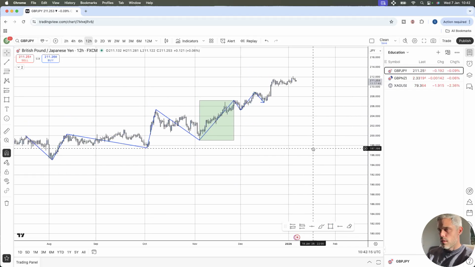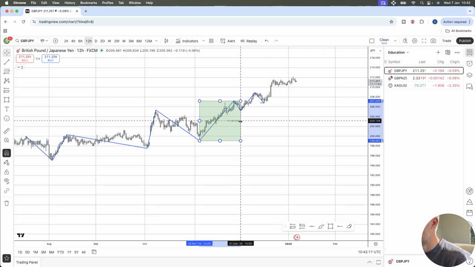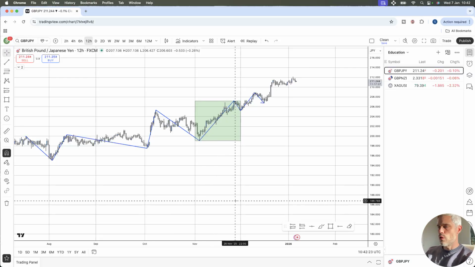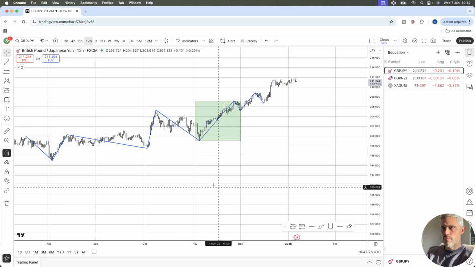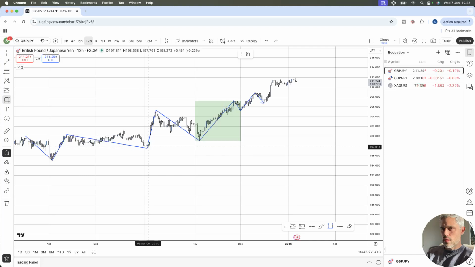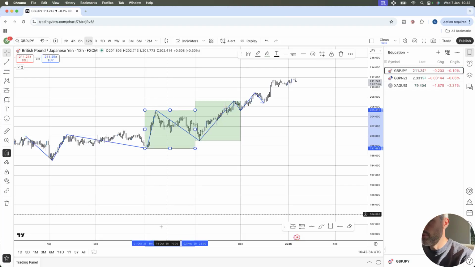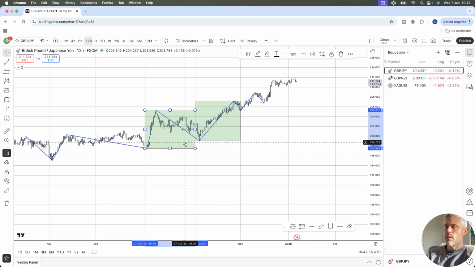Hopefully this is going to become obvious, but if I just do this, you can see this is actually the price action between November and December. And what actually is this here? It's the price action for the previous month between October and November.